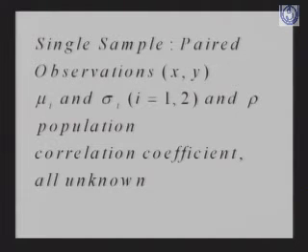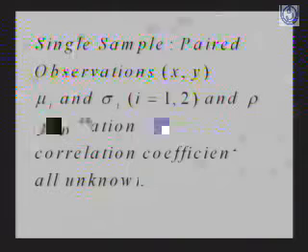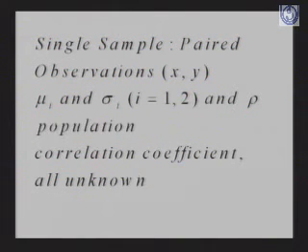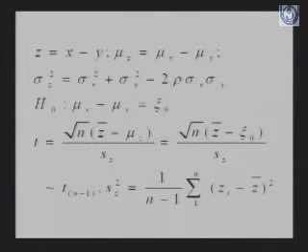Now let me consider another situation in which I draw a single sample, but the observations are paired x comma y, and I have mu i and sigma i, i equal to 1, 2, as the means and the standard deviations in the two samples, and there is also a population correlation coefficient rho, and let me assume that none of these are known to me, all are unknown.